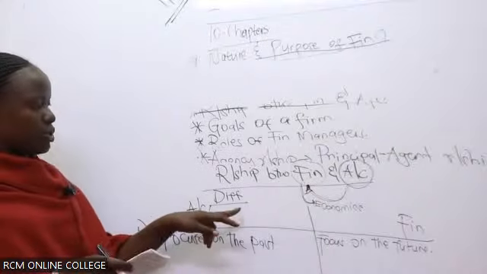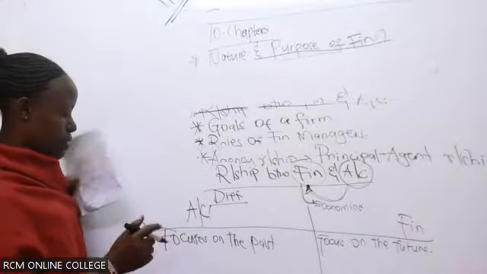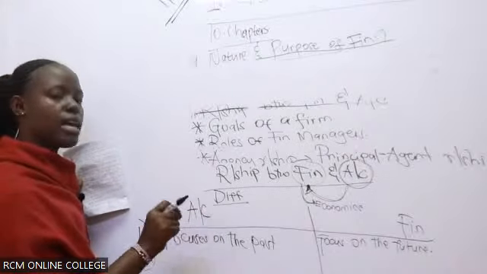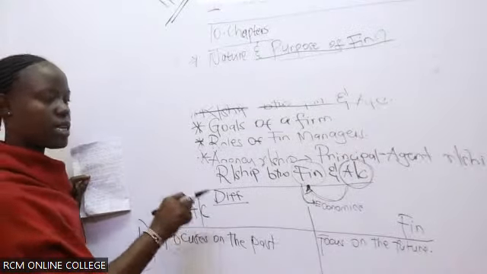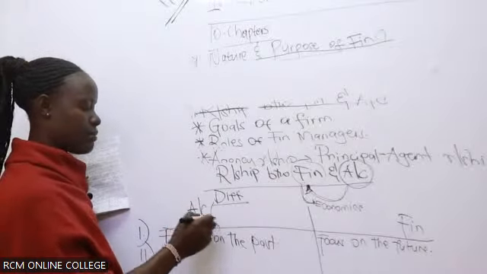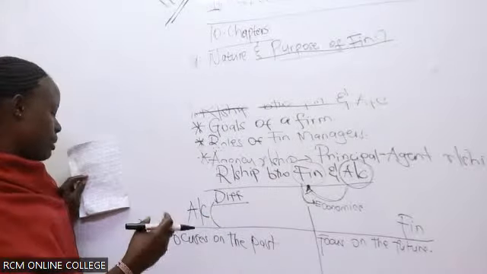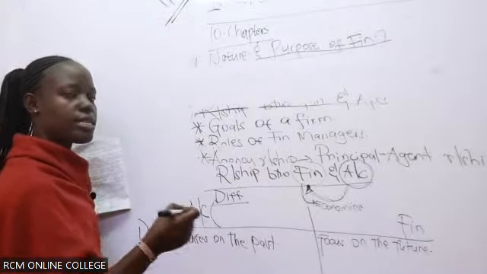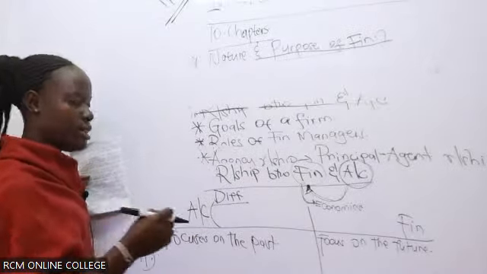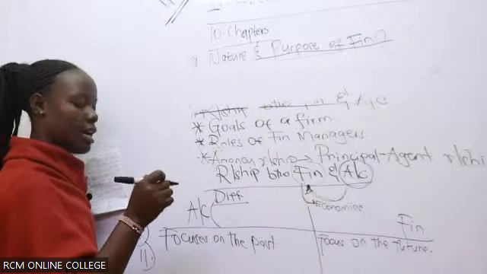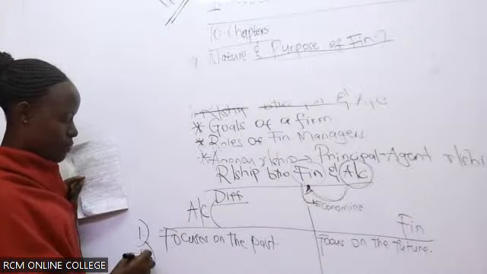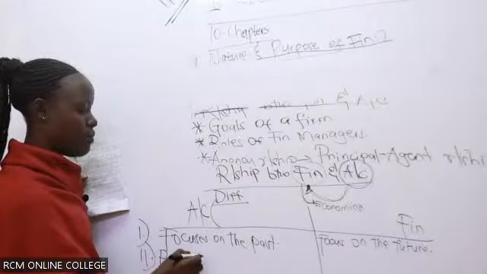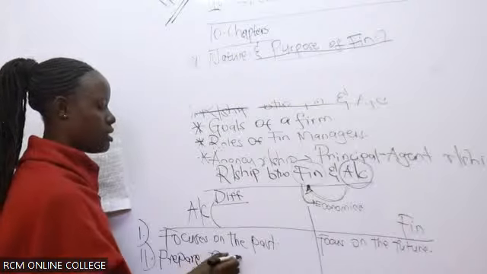Another difference between finance and accounting: accounts, as a unit or as a discipline, will help you prepare financial statements. Accountants prepare the financial statements, such as the balance sheets and the profit and loss accounts of an organization.